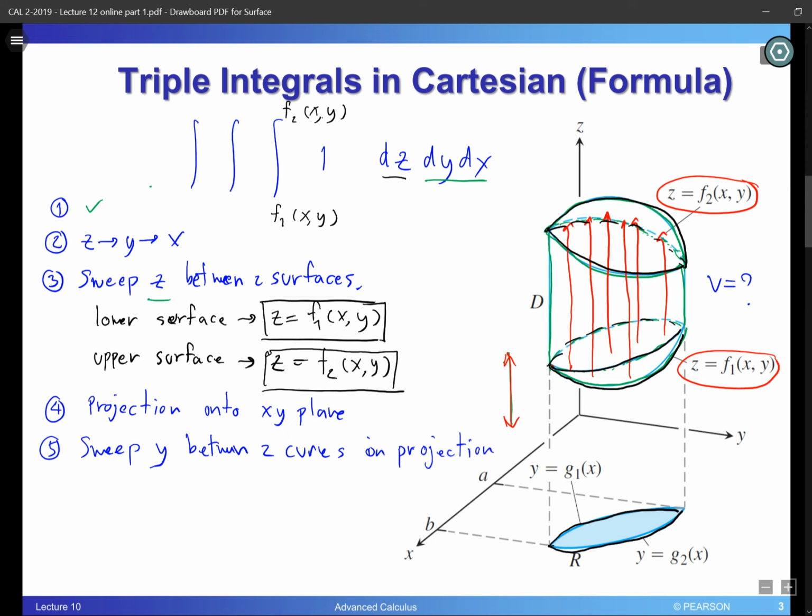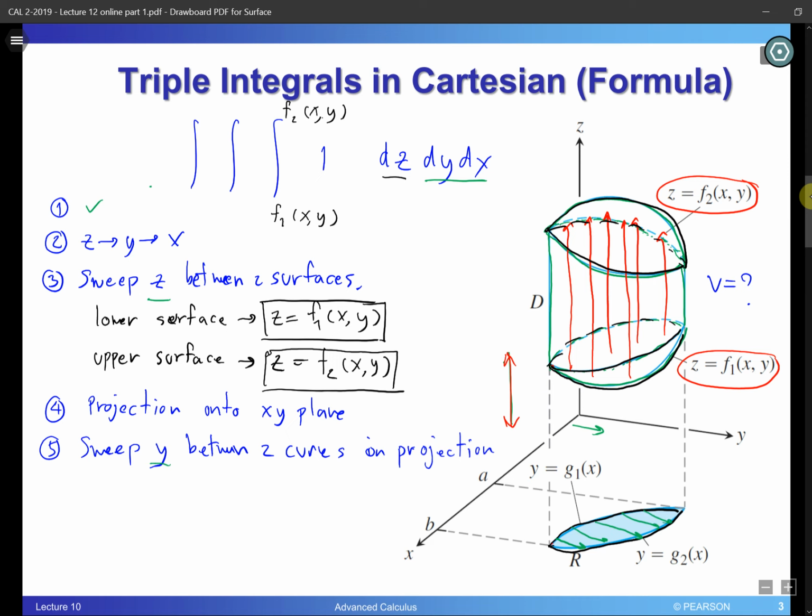Now let's take a look at the curve here. We are supposed to sweep y, which means that we are going to go in this direction, from this line to this line, same as the y-axis.